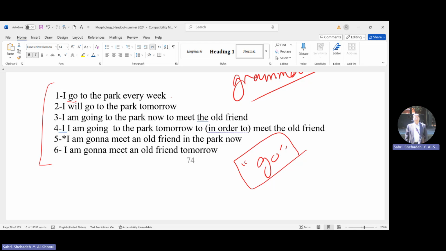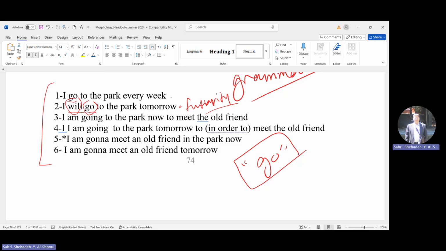Similarly, we have "will go," which means I have the intention to go to the park tomorrow. Here we have the auxiliary form, which is will, plus the infinitival form, which is go, to indicate futurity or intention meaning for the verb go.